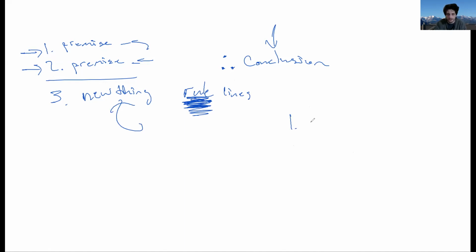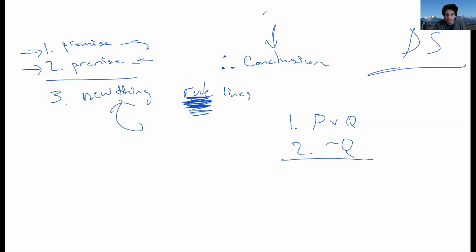So if premise 1 is P or Q, and premise 2 is not Q, what am I doing with the DS rule? The DS rule says if you ever have a premise that looks like this, and another premise that looks like this, you can get that.